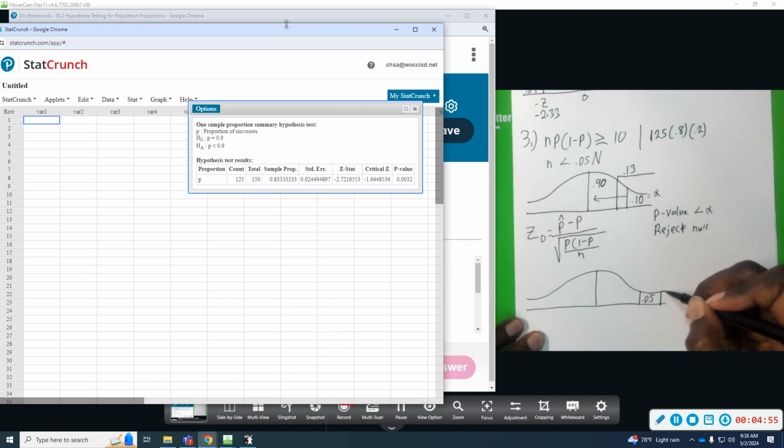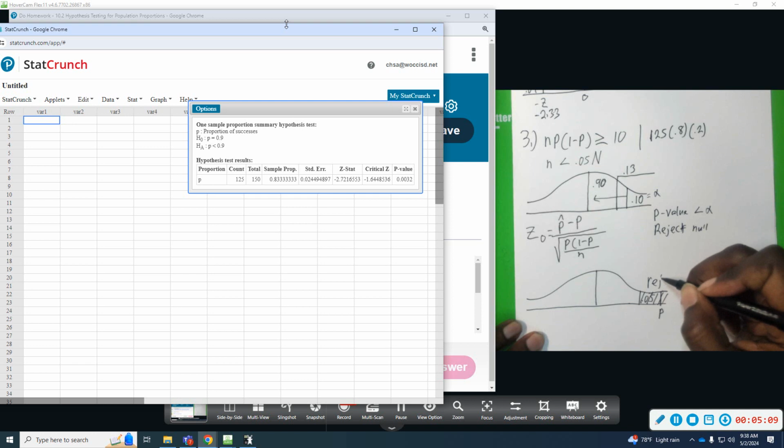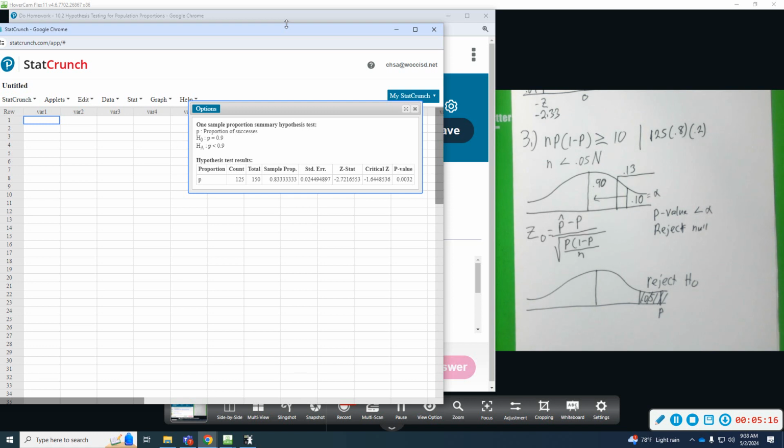There's a very, very small chance that this could happen, and it has happened. So this is really strong evidence. When p falls in this area, this is the rejection region. So if p is over here, it's less than alpha, we reject the null. This means we have strong evidence against it, meaning the alternative is true.